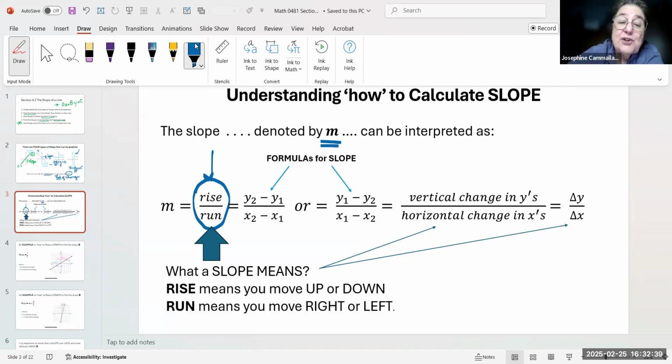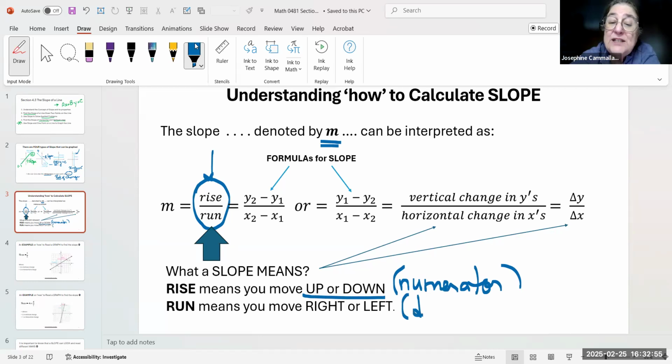The rise is going to be your up-down number, and that's normally your numerator of your fraction. And the run is normally your denominator of your fraction. So a slope is a rate, and a rate is a fraction. Isn't that nice to know?